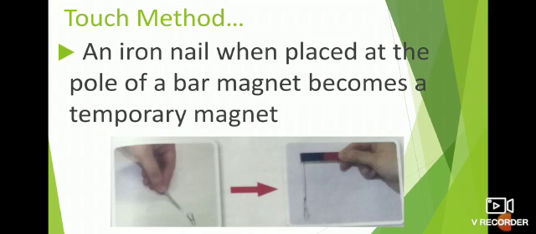So an iron nail when placed at the pole of a bar magnet becomes a temporary magnet. In this way, with the touch method, you can make temporary magnets from magnetic material.